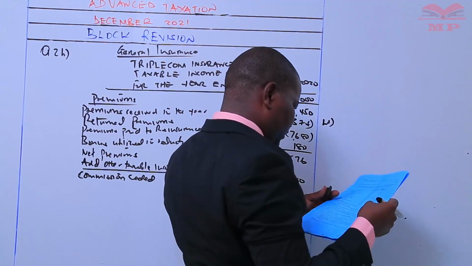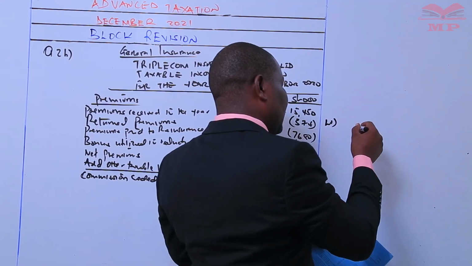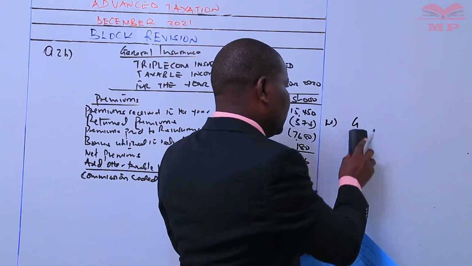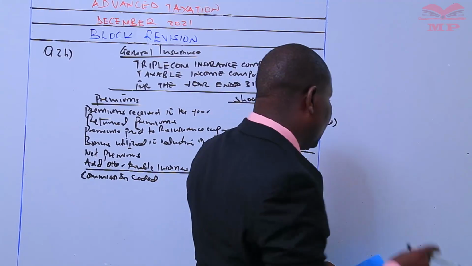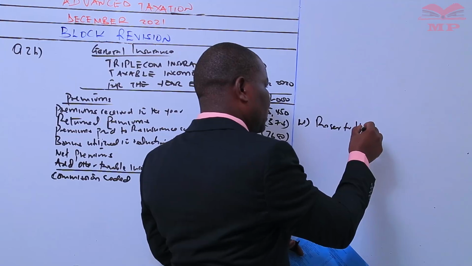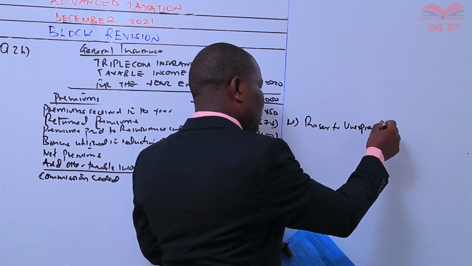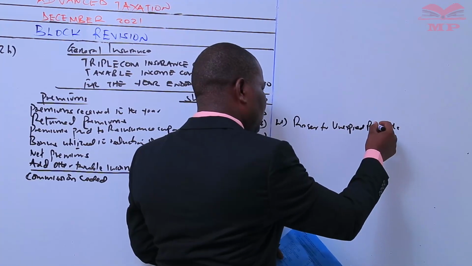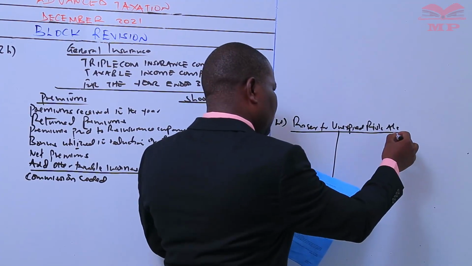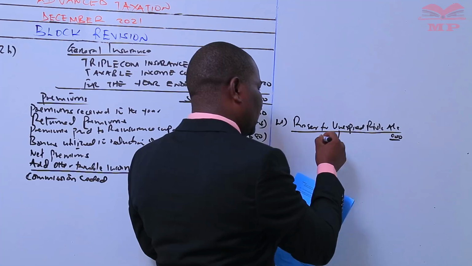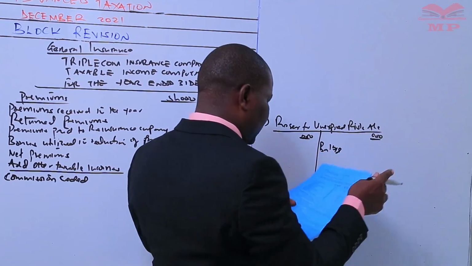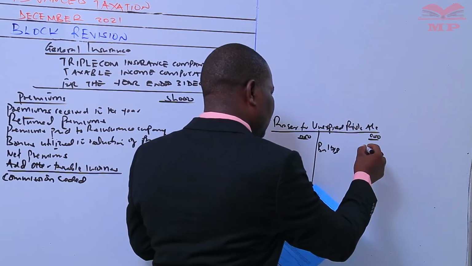So I'm running the reserve for unexpired risk account. Balance brought down, we credit because it's a liability. So we say balance brought down, Note 3, that is 3.24 million.